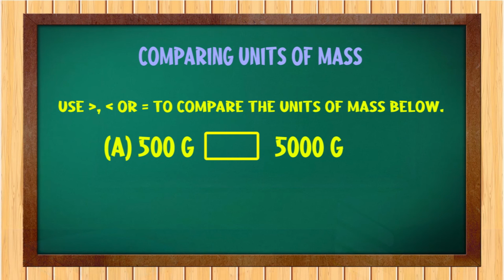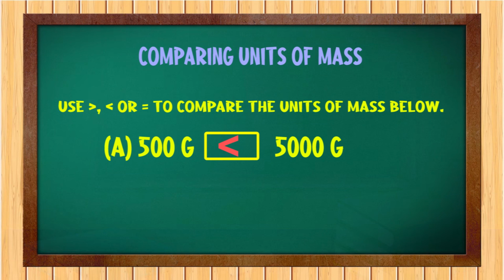So it is safe for us to compare. So what we need to look at now is the value of the weight. So we have 500 and 5,000. Obviously, 5,000 is more than 500. So we'll have to use the less than sign. Therefore, we'll read the problem like this: 500 grams is less than 5,000 grams.